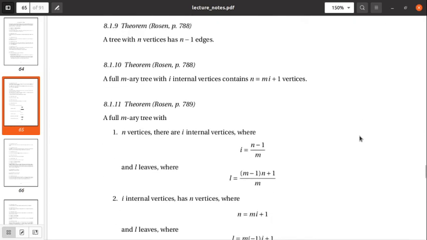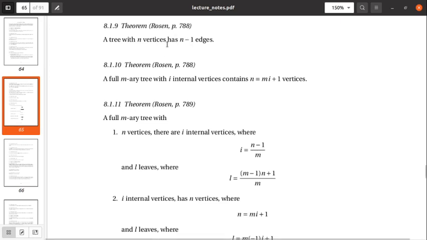Okay, so now we have a theorem. A tree with n vertices has n minus 1 edges, and you can prove this inductively. So you start with one vertex, just the root node, and then there are no edges. You give it one child, and it's connected to the tree in its previous state by one edge. So one new vertex implies one edge to grow the tree by one node.